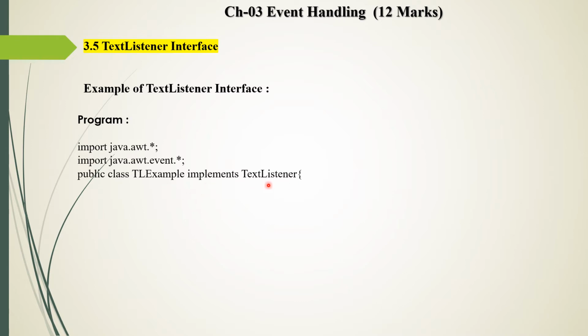As we see, TextListener is an interface, so we use implements. Next we declare one label L. Then we declare one text field, so the object of TextField is TF. Then we define the constructor of our class TLExample.